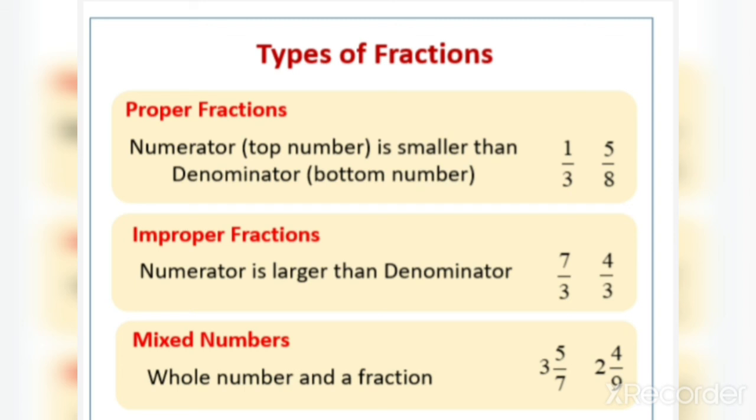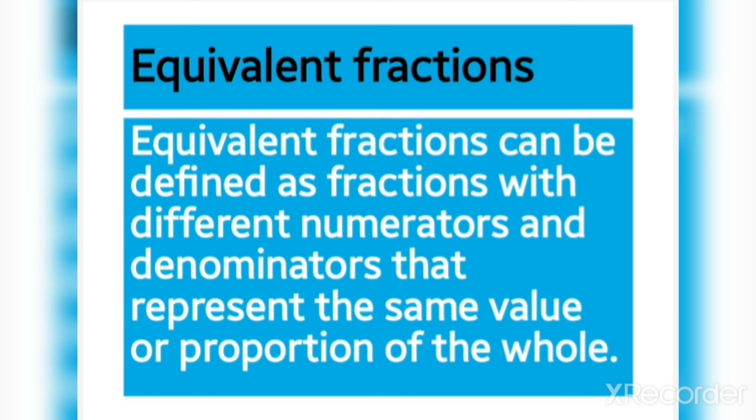Improper fractions, in which numerator is larger than denominator. And mixed fraction, in which whole number and a fraction combined makes mixed fraction. We also learn how to find out equivalent fractions of the given fractions by multiplying both numerator and denominator with same number.